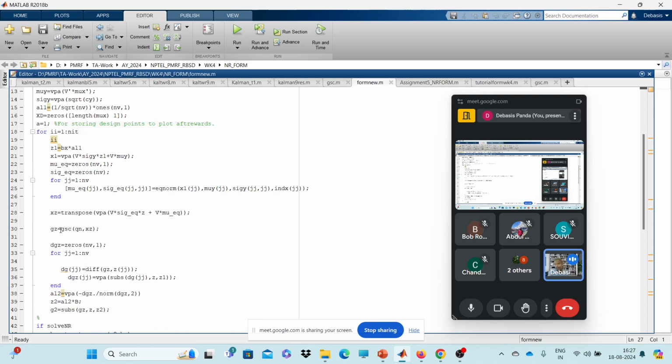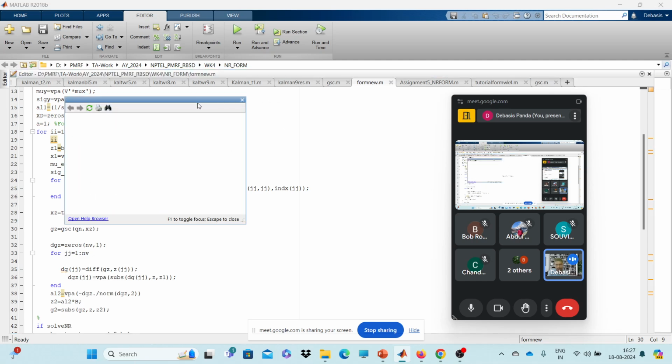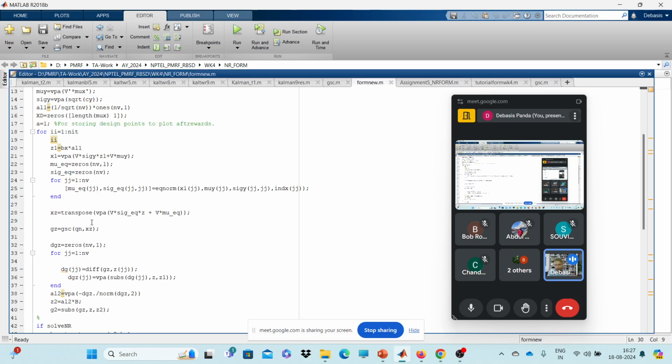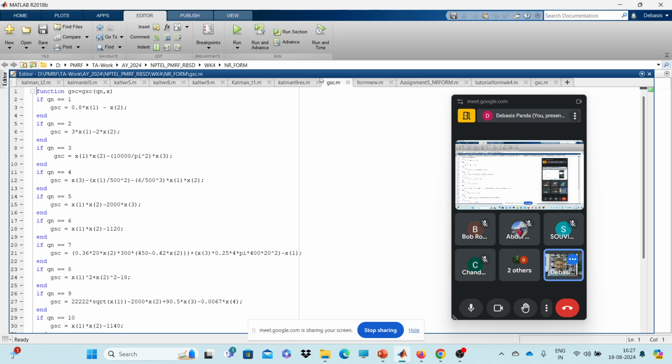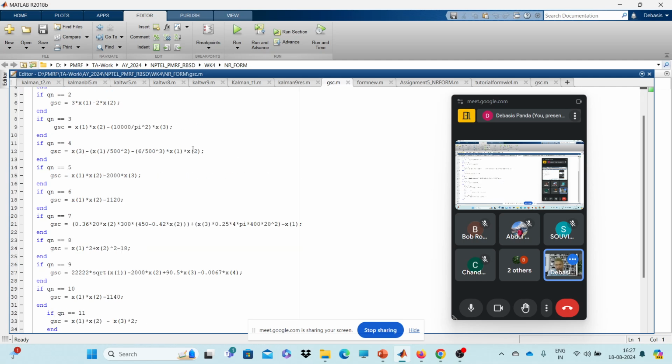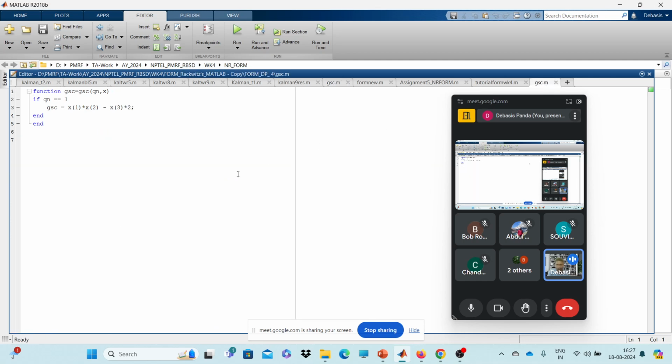Now here I am calling the limit state function using this. For the limit state function, I have created one separate file, gsc. If I open that gsc, one second, you will see I just put the limit state here. You can put all kinds of limit states here. For example, the beam problem. What was the limit state?